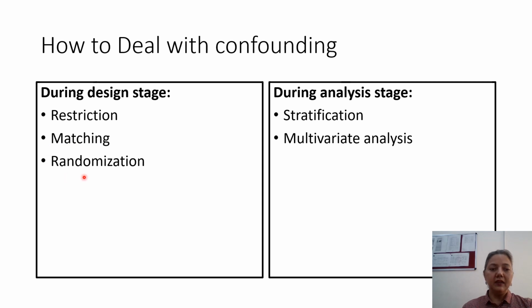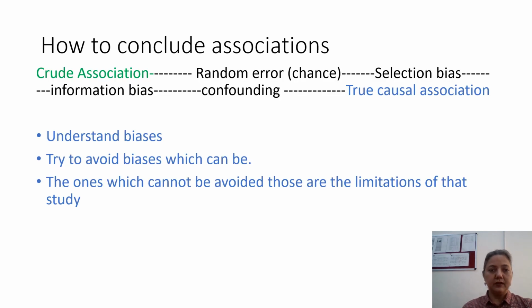Then there can be randomization, which is usually done in experimental studies. During the analysis stage, we can deal with confounding by using stratification and by doing various types of analysis, that is multivariate analysis, which can be either regression analysis, linear, or logistic regression analysis. So this is how you can deal with it.